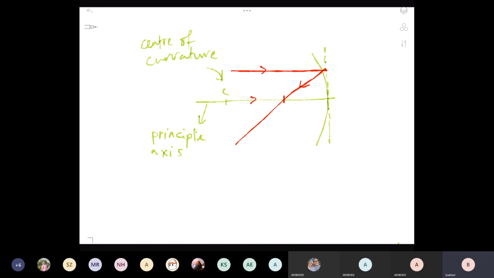The line will intersect at one place, and this point is known as F. Okay, what F is? F is focal point. Focal point. And the distance between focal point and the concave mirror is known as focal length.